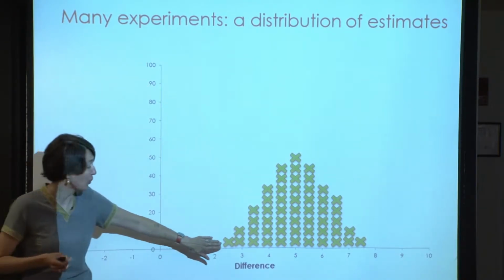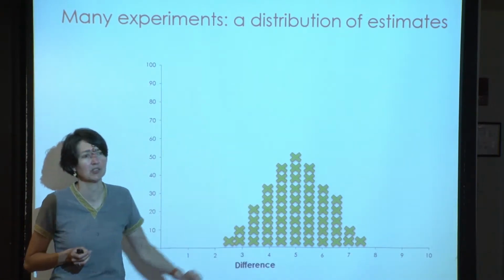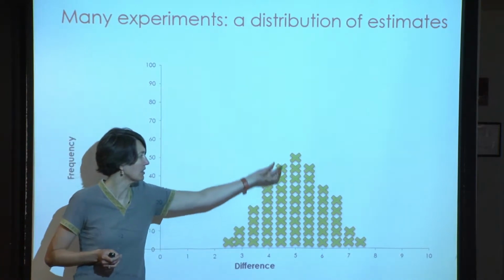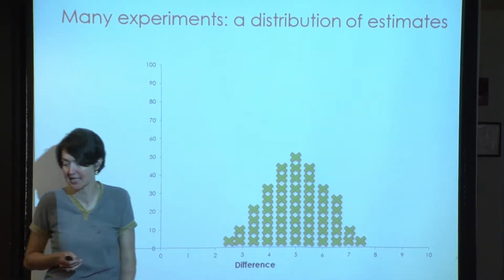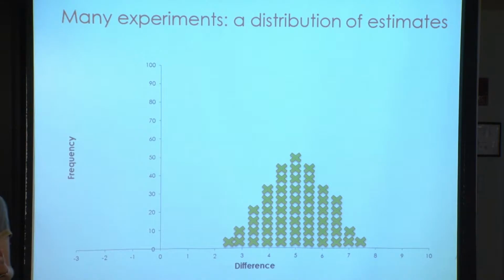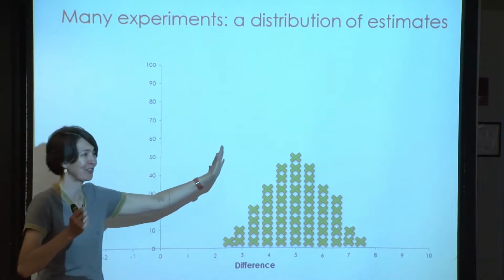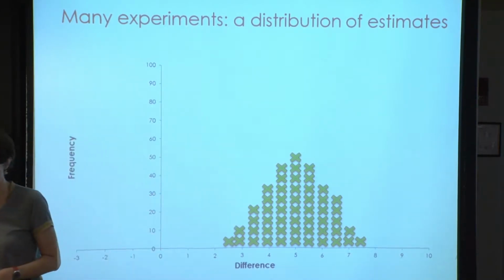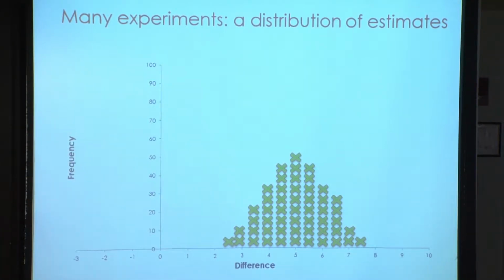Remember, each one of these is another randomized trial. And we would start to see that on average, we were getting an effect size of about 5. That is how we would tell what the true effect is, by running hundreds of trials and seeing that on average we get 5.